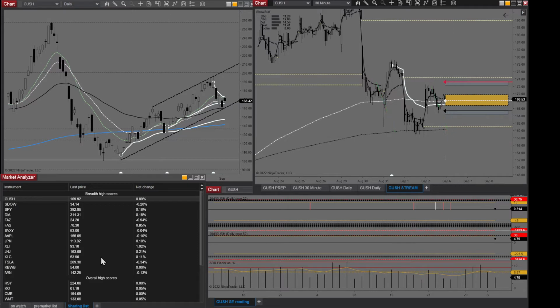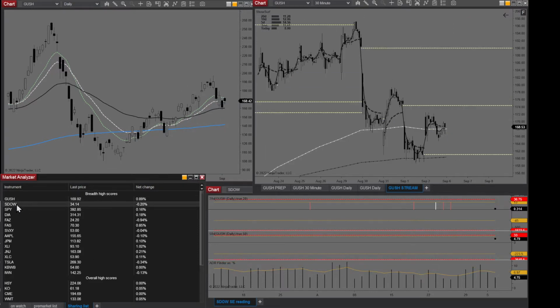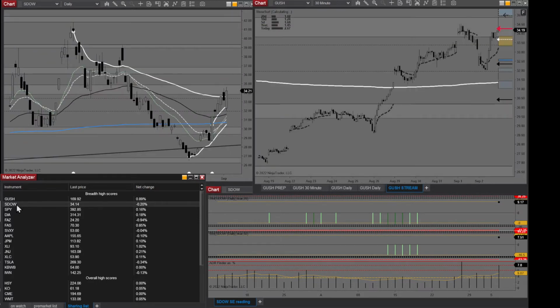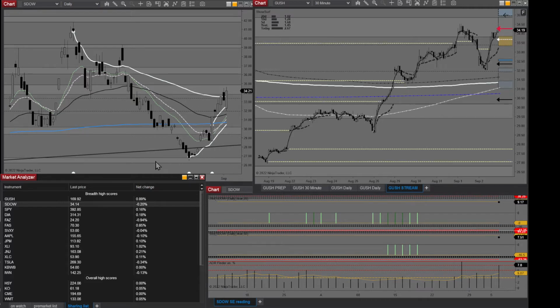Moving on is SDOW. SDOW tracks the Diamonds DIA ETF, and in particular it is the inverse. So if the Dow is moving down, then SDOW is moving up. It's a pretty good example of how things played out, and you can see that even on Friday.